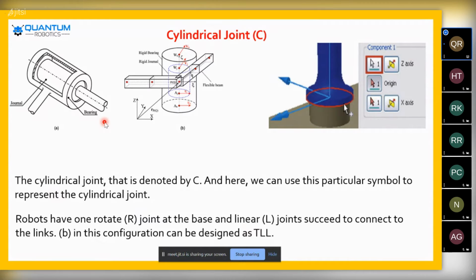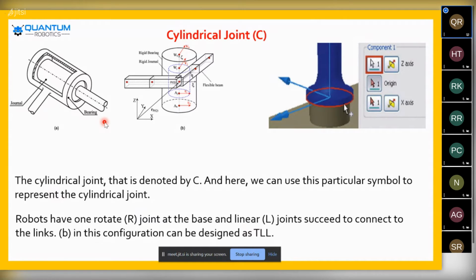There is bearing technology. The bearing is used so that the shaft moves freely, and it holds the particular shaft at a particular angle of the workspace. That workspace is used for the particular job.